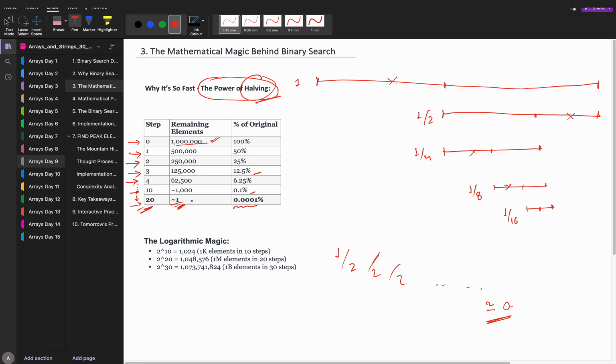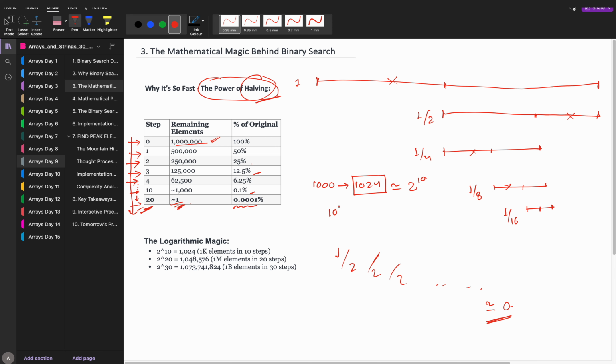That's the beauty, that's the magic, that's the logarithmic magic, because this whole sequence is nothing but a logarithmic sequence. I will show you, don't worry. Let's say, instead of directly writing 1000, if I write 1024, it won't make much difference, but this 1024 would be much more convenient to work with because it is equivalent to 2 to the power 10.